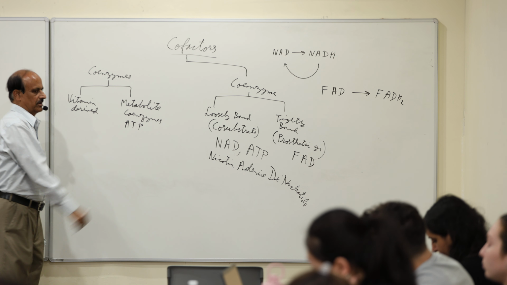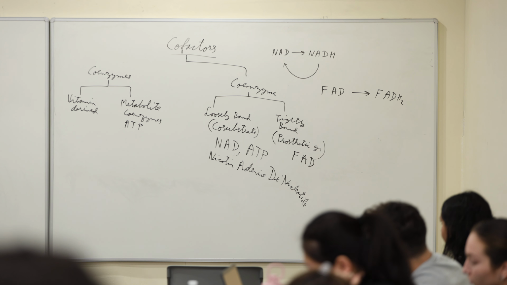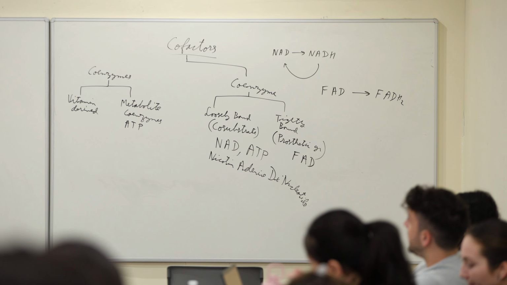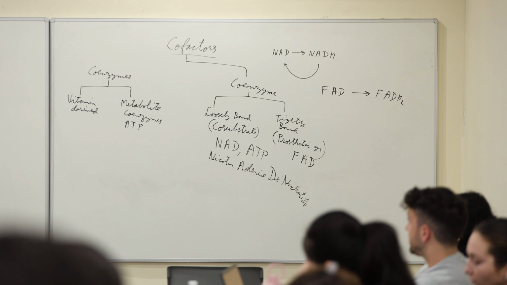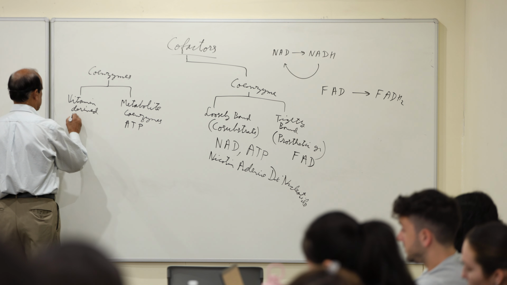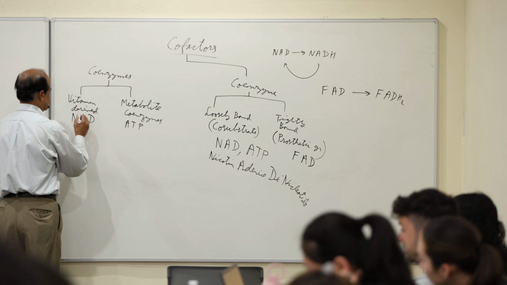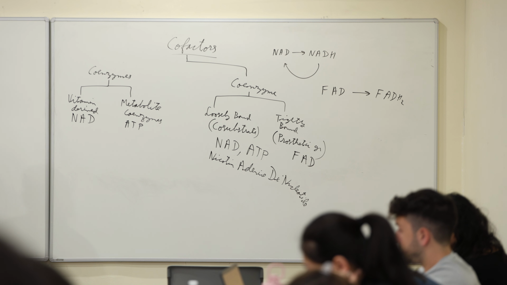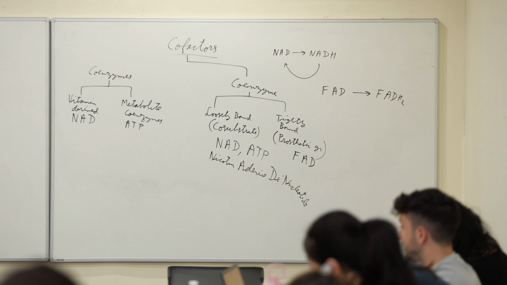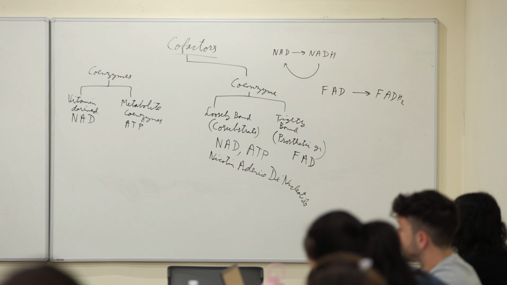Example of vitamin, you know all the vitamins, there's a list of all the vitamins in your book. I also send you a list and what coenzyme they form. NAD is one of them. NAD, of course, is not itself a vitamin, it is derived from a vitamin. Always remember that these structures, the NAD, ATP, these are molecules that don't even cross the membrane.